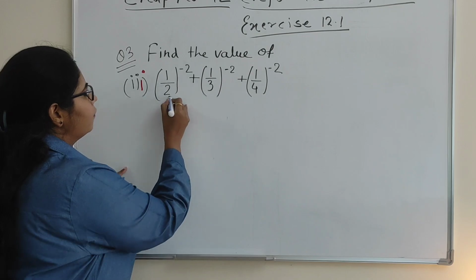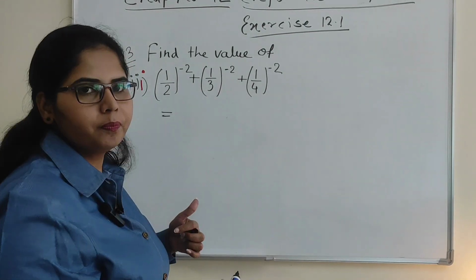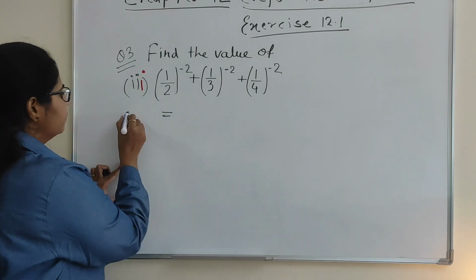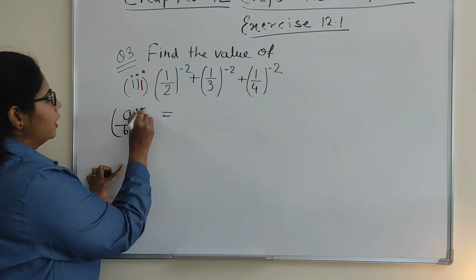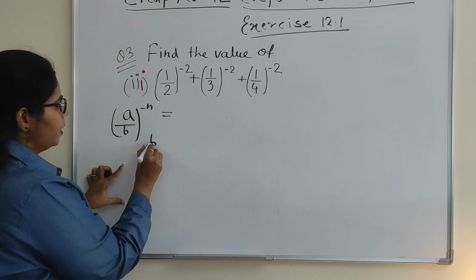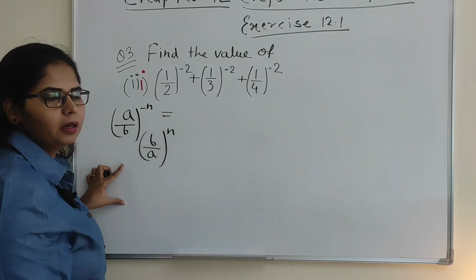How can I write 1 upon 2 to the power negative 2? Same, a upon b. You remember this rule: a upon b to the power negative n is b upon a to the power n.